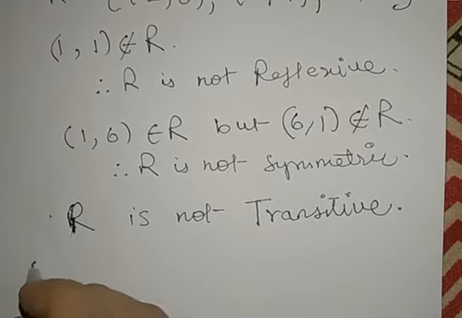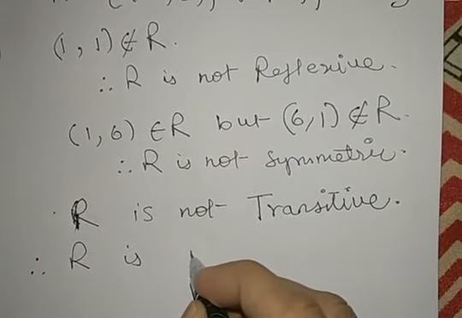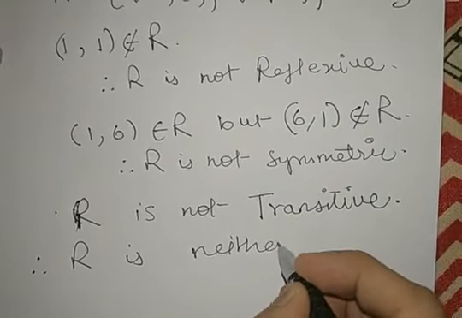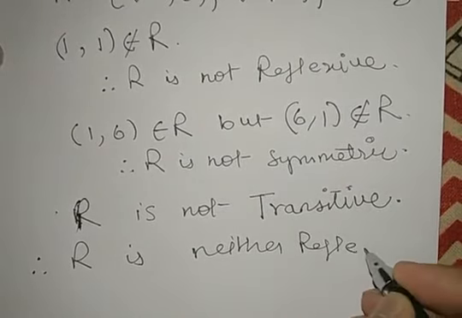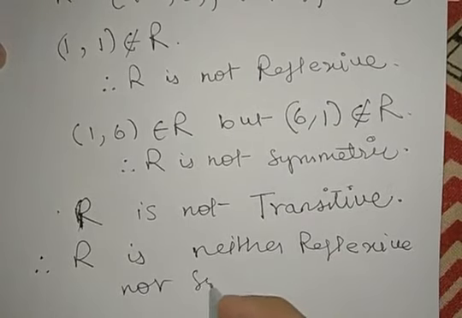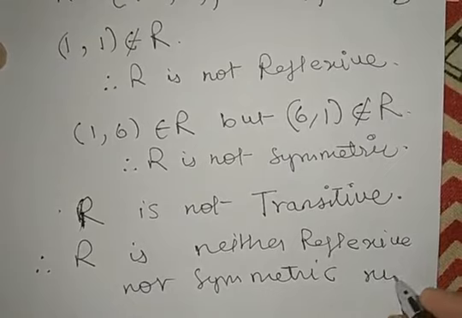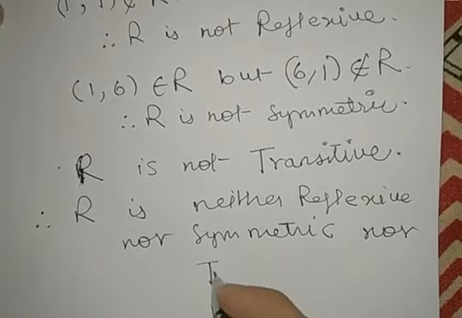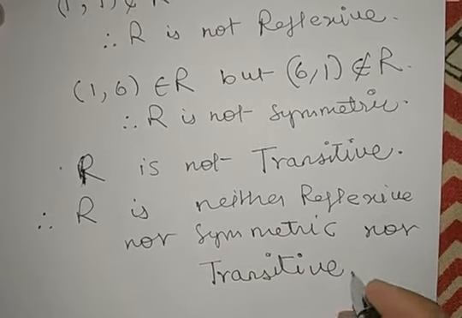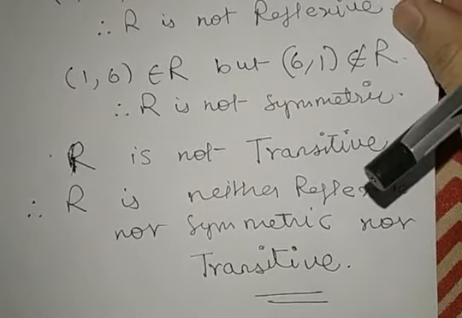So therefore R is neither reflexive, nor symmetric, nor transitive.